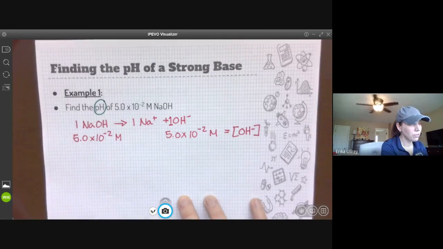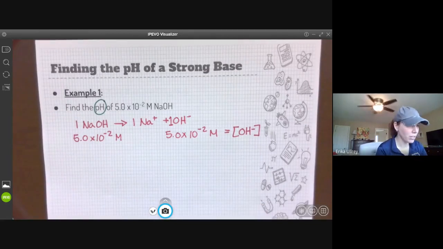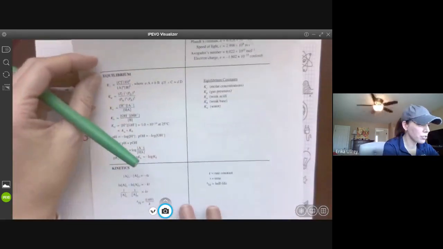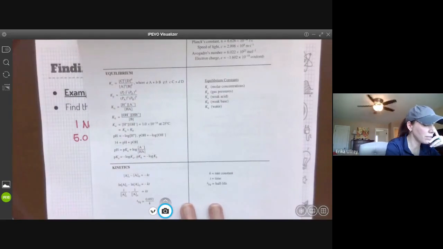In order to go from concentration of hydroxide ions to pH, we can't do that in one step. That's going to be a 2-step conversion. So you're going to want to look at your AP equation sheet. That lets you know what you can do with the numbers that we have here.